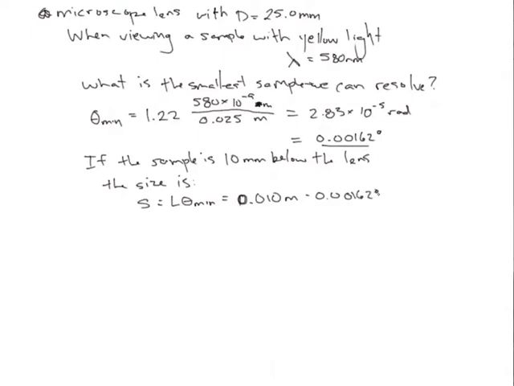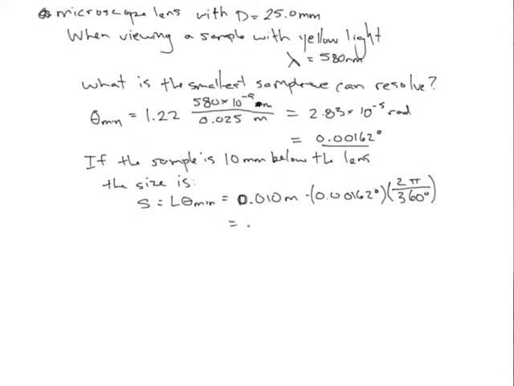And if we plug our number in, then this in degrees has to be converted into radians. So if we divide by the number of degrees, multiply by the number of radians in a circle, we get that conversion.